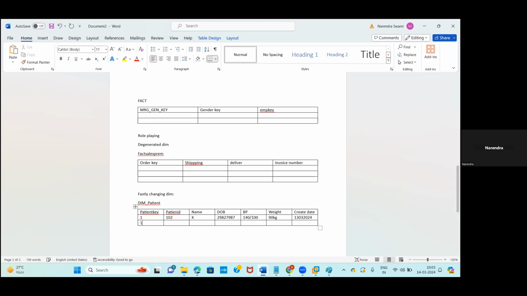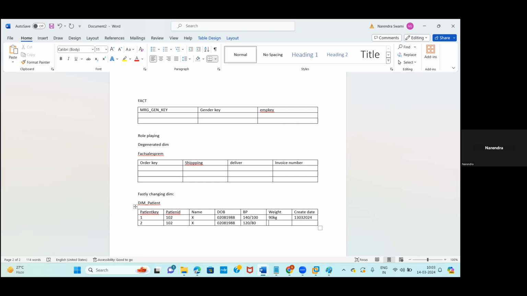The next record came, and the sequence number is 2 and it is 102 and the X is the name and the same date of birth. The BP is 2982 something like that. The name, same number. 87. Otherwise, I will write one correct date. Same date, but here it has some fluctuations, or it got stable now, we can see.